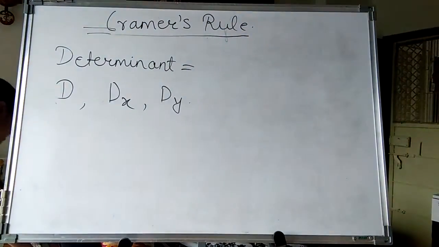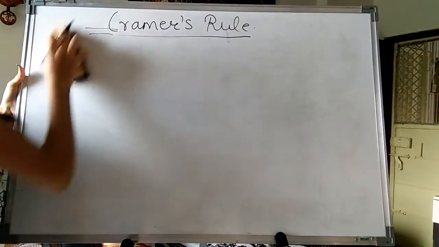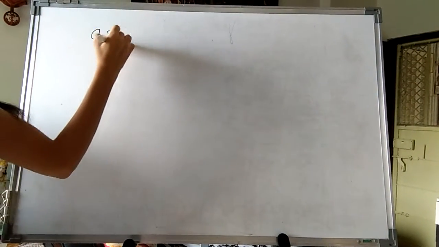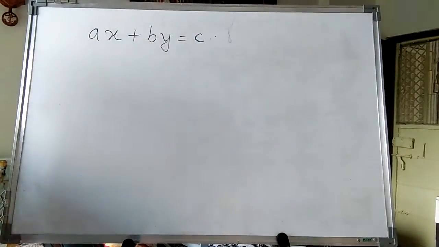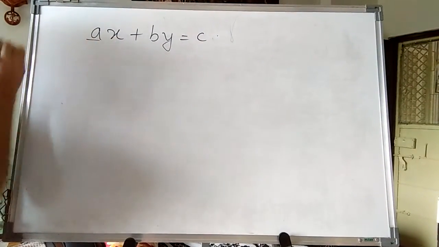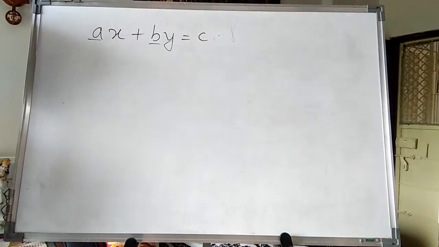Before that, let us go towards our standard form of linear equation in two variables. If you have forgotten, ax plus by is equal to c. This is your standard form of linear equation in two variables, where a is the coefficient of x, b is the coefficient of y, and c is your constant.